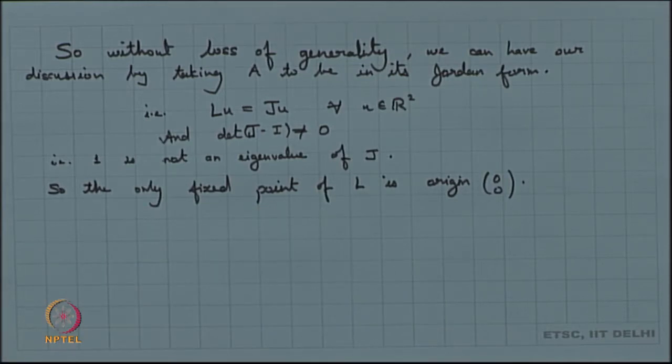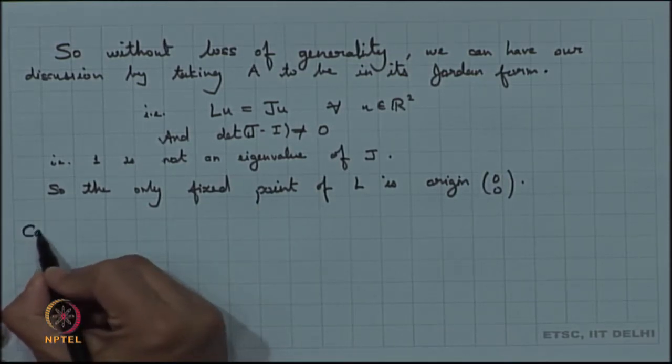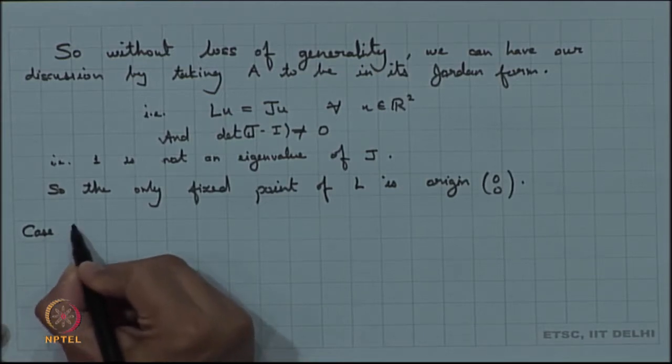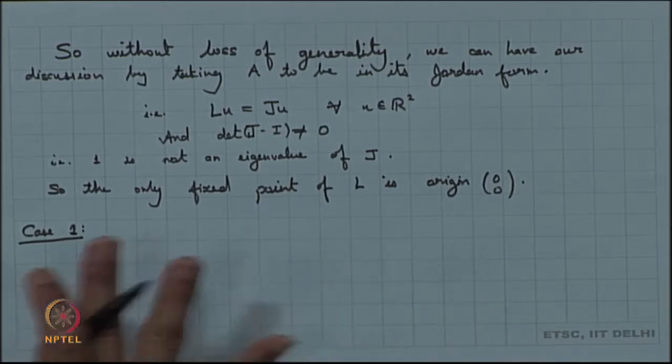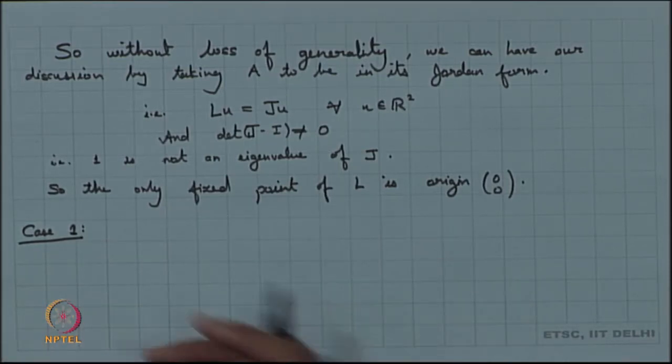So, we look into the first case. Now, since we are working with just the Jordan form, it is enough to specify what the Jordan form is and work with it.